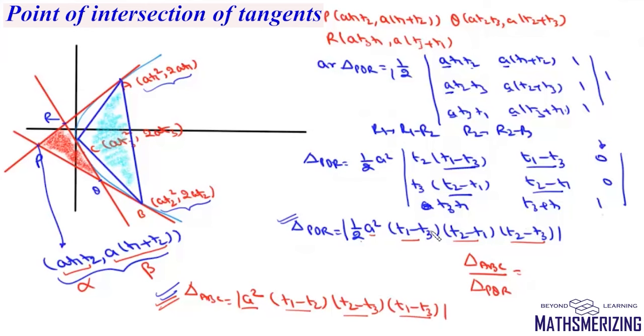So A square, T1 minus T3, T2 minus T1, and T2 minus T3 will cancel. So we'll get this result as simply 2. So it's a very standard result, which is area of the triangle formed by 3 points on parabola is 2 times the area of triangle formed by points of intersection of tangents at these 3 given points.